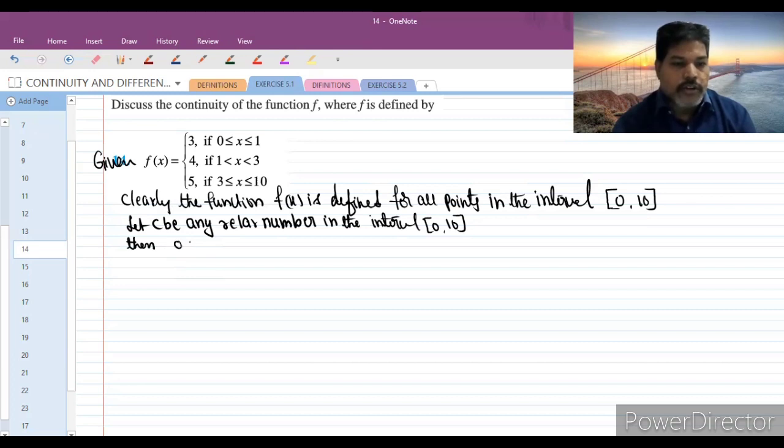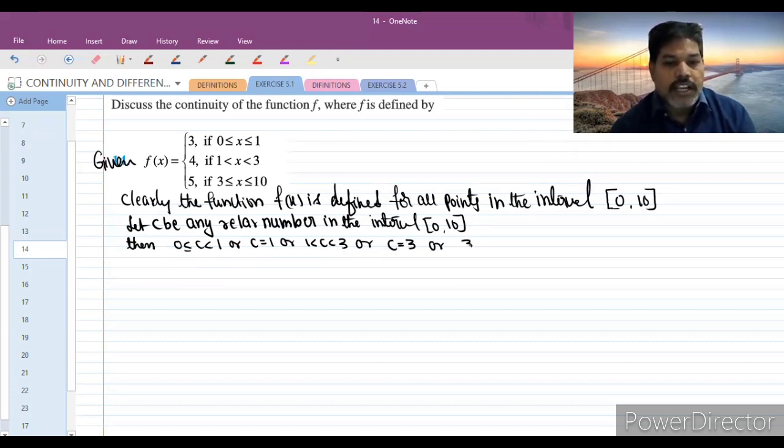0 less than or equal to c less than 1, or c is equal to 1, or 1 less than c less than 3, or c is equal to 3, or 3 less than c less than or equal to 10.